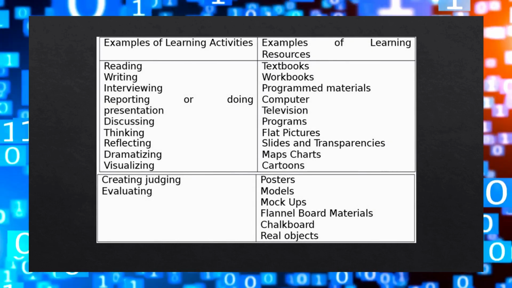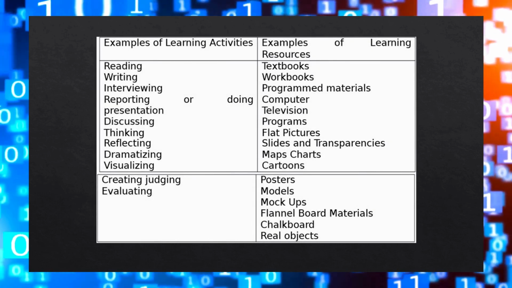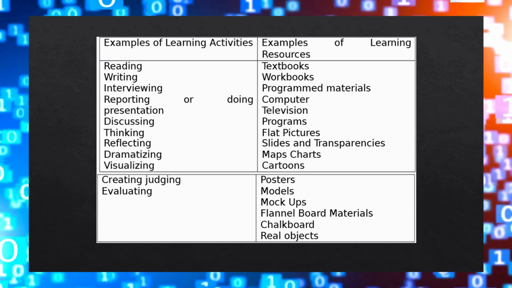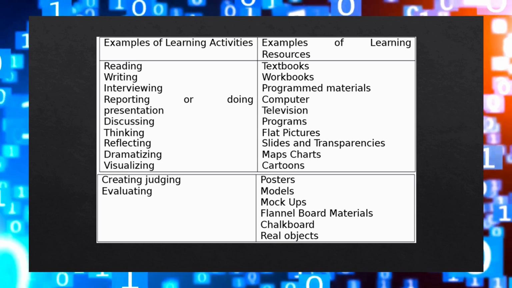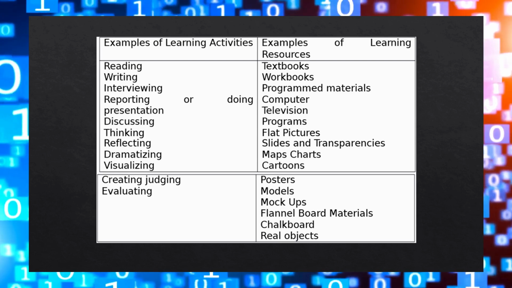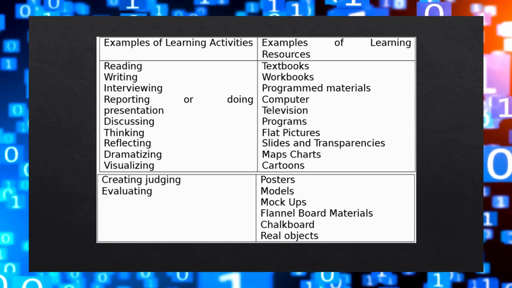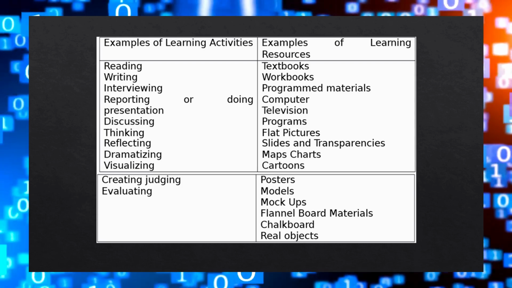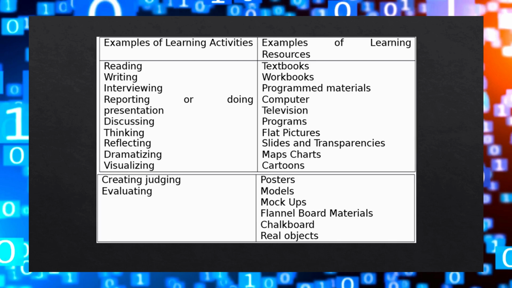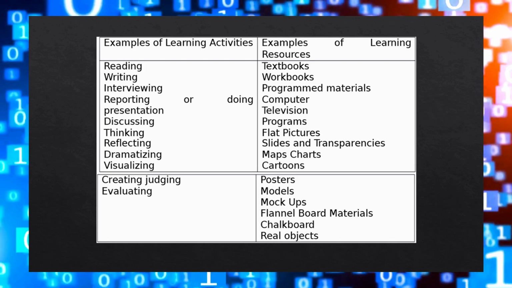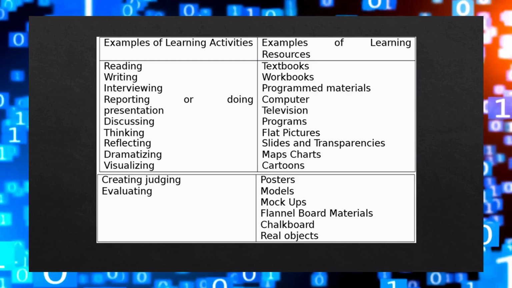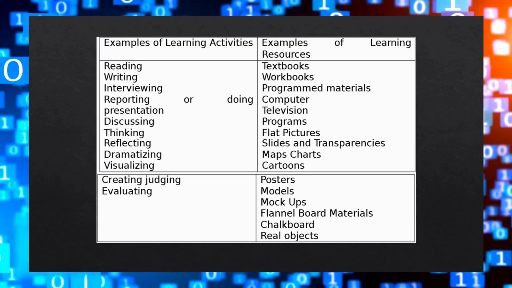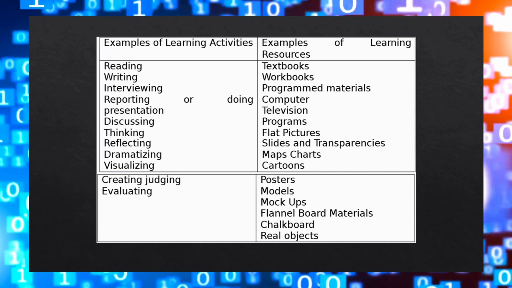These are examples of activities and examples of learning resources. So from reading, writing, interviewing, reporting, or doing presentations, discussing, thinking, reflecting, dramatizing, and visualizing, the learning resources needed are textbooks, workbooks, program materials, computer, television programs, flat pictures, slides and transparencies, map charts, and cartoons.